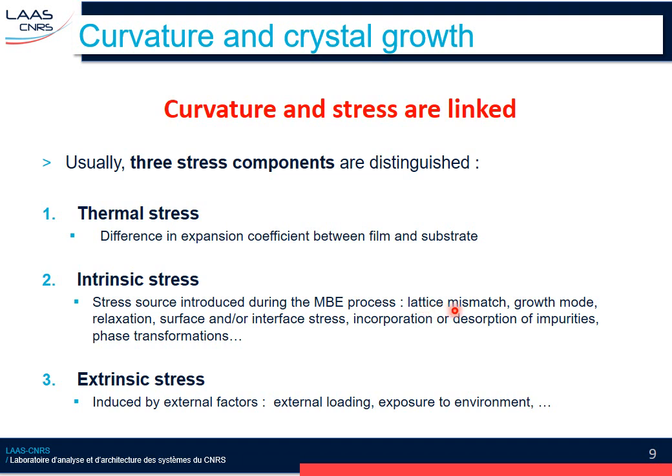It comes from the lattice mismatch, from growth relaxation, surface or interface stress, incorporation or desorption of impurities, phase transformation, and so on. And finally, there is extrinsic stress, which is a stress that can be induced by external factors, like external loading or exposure to environment, and we try to avoid this extrinsic stress during the growth.